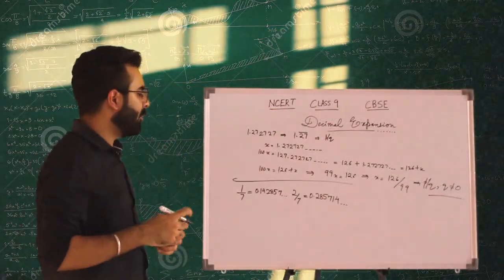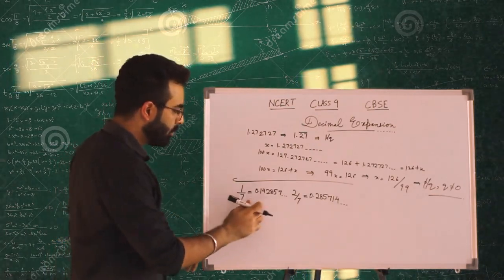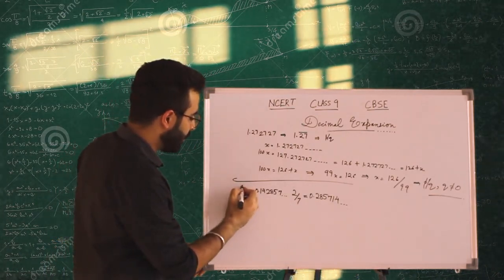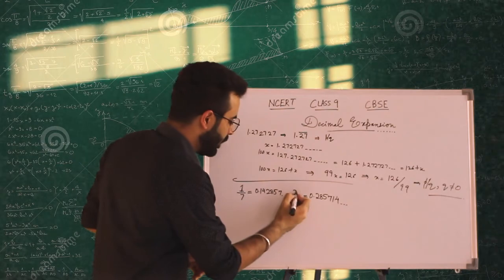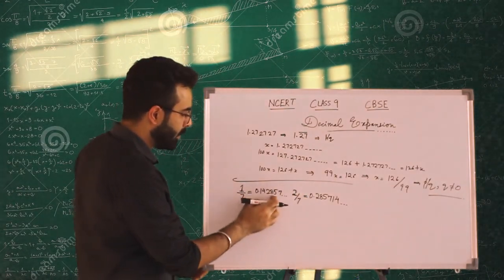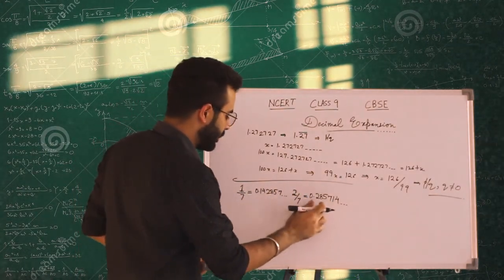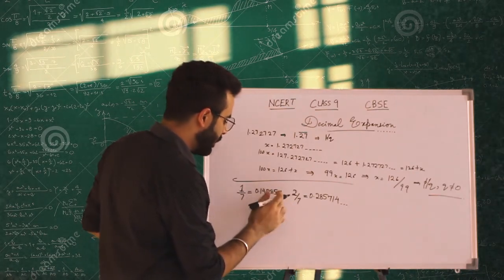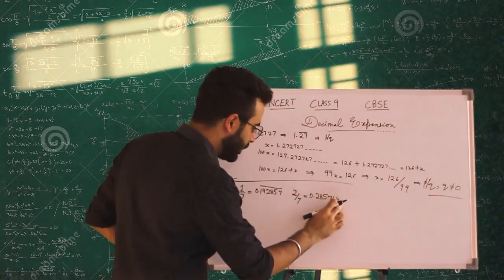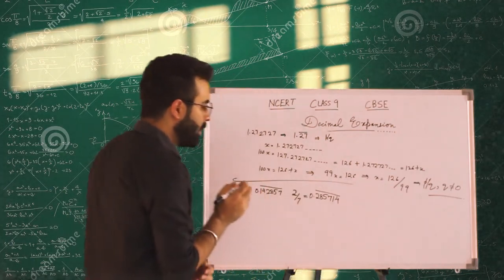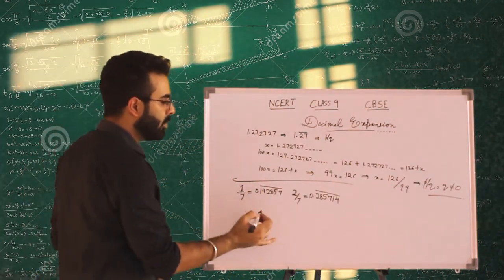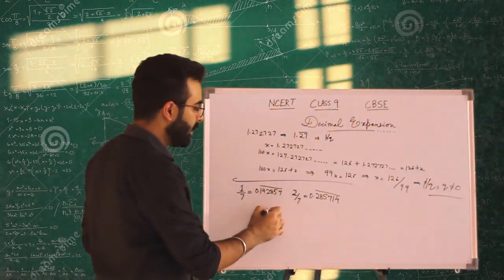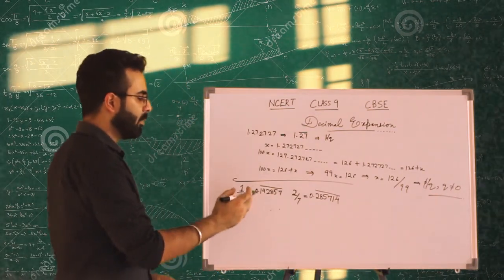Now the next question is to find an irrational number between these two. Of course, using the process which we did before, you will find out that 1 by 7 is equal to this and 2 by 7 is equal to this. Now both of these are non-terminating and recurring. Now we have to find an irrational number between these two, which means you have to find a non-terminating and non-recurring decimal between these two.